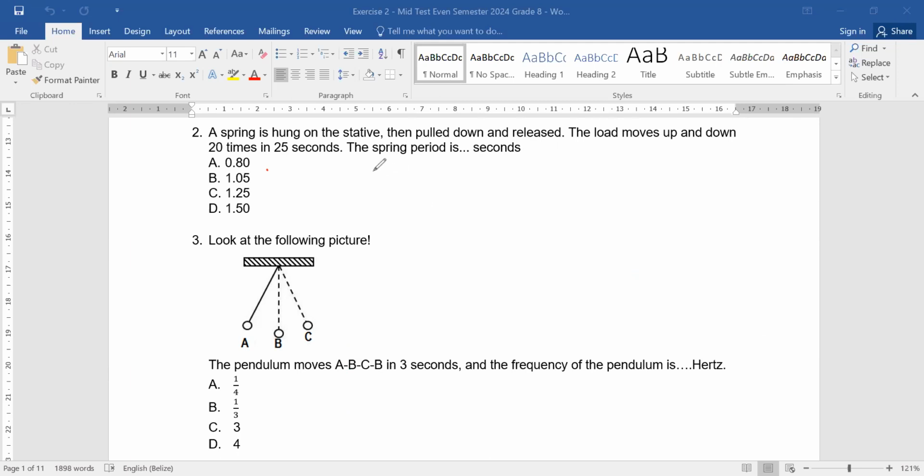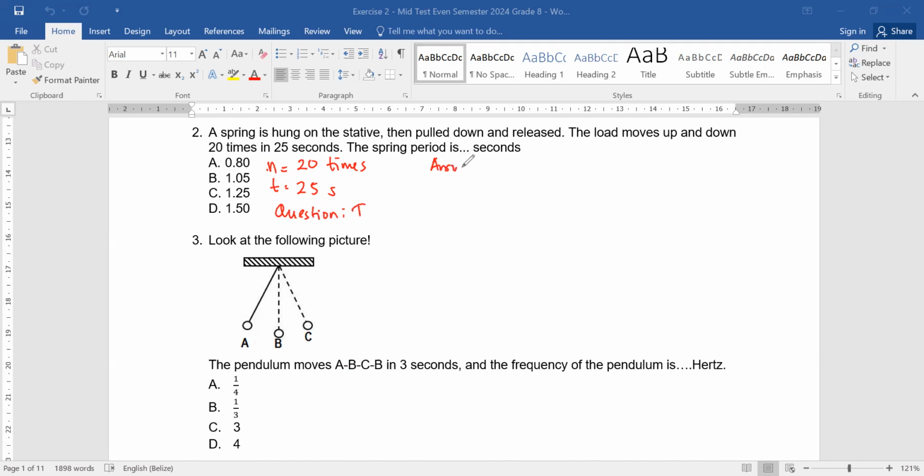And then you need to find out what is the spring period, right? So we know that the number of vibrations here is 20 times, whereas the time here is 25 seconds, right? And then the question, you need to get what is the period.